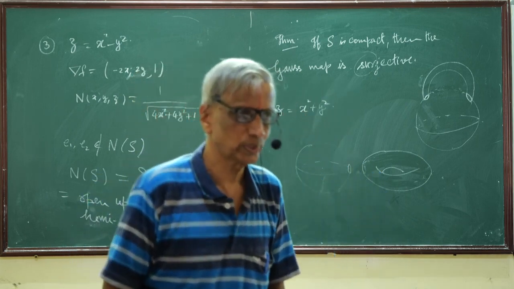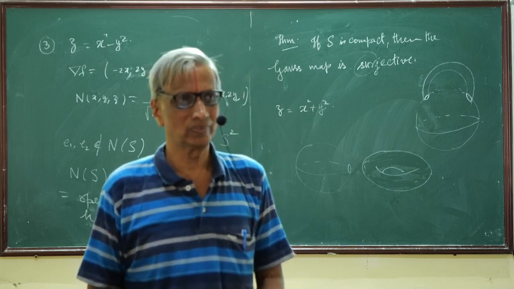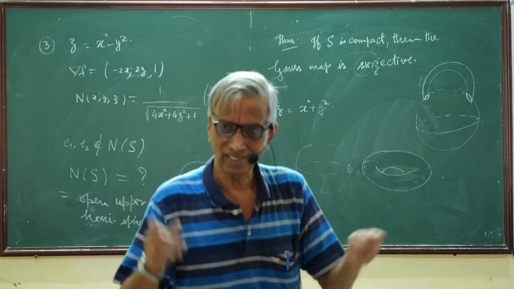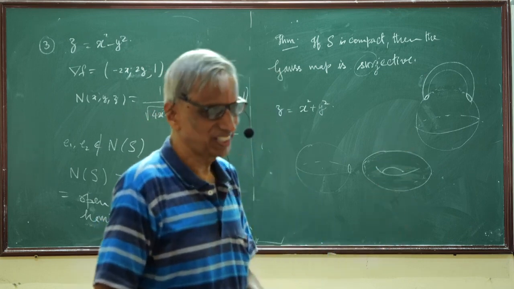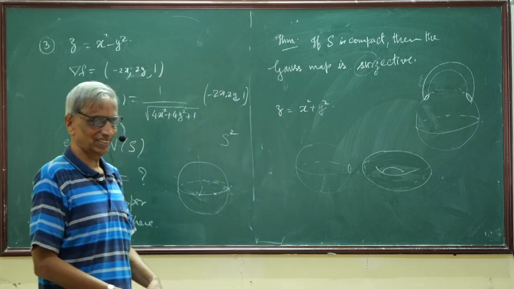As you attach more and more handles to the sphere, you get surfaces which are less and less simply connected, so to say, right? More and more multiply connected, you can say.